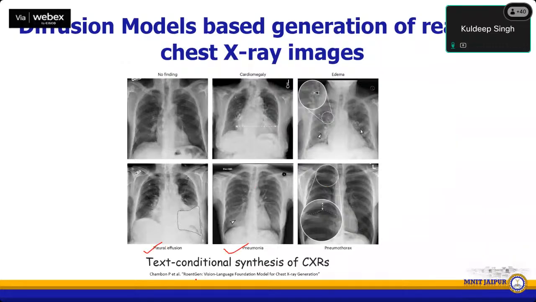This paper was RoentGen, a vision language foundational model for chest X-ray generation. These are different kinds of abnormalities which are there in the chest X-ray images.